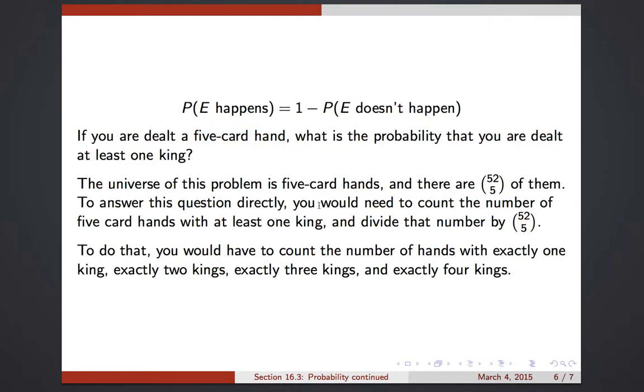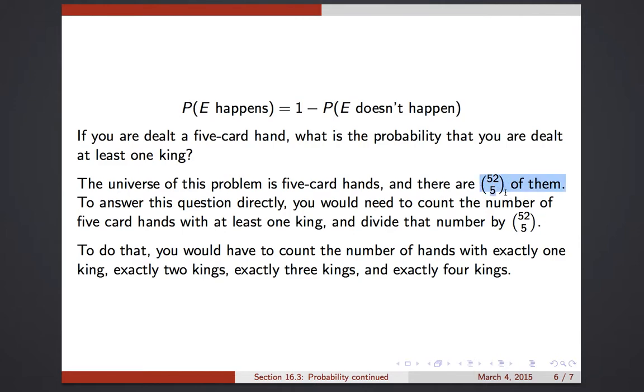So one possible outcome is the ace, 2, 3, 4, 5 of hearts. Another possibility is the ace of clubs, 2 of spades, 3 of hearts, jack of clubs, queen of clubs, or something, right? Those are all the possible outcomes. All of the possible 5-card hands are the possible outcomes. Well, how many 5-card hands are there? Well, you're taking 5 things from 52 things, and the order doesn't matter.